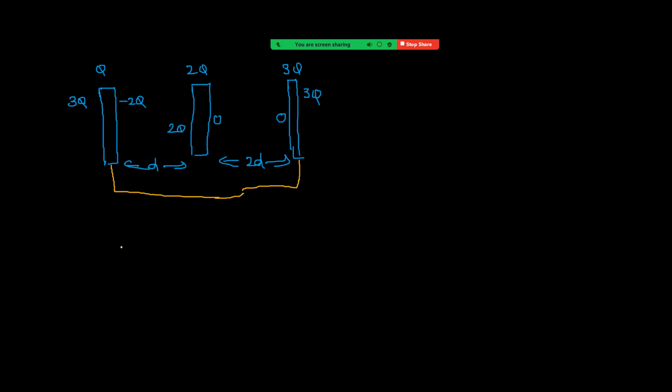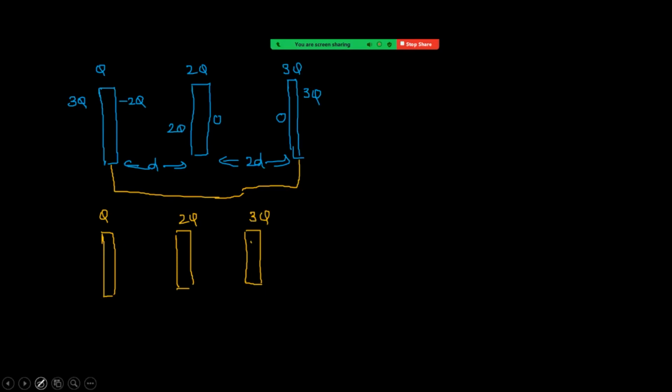Let us make a diagram once again. After joining, this is Q, 2Q, 3Q. Okay. Better to avoid this one to avoid confusion.